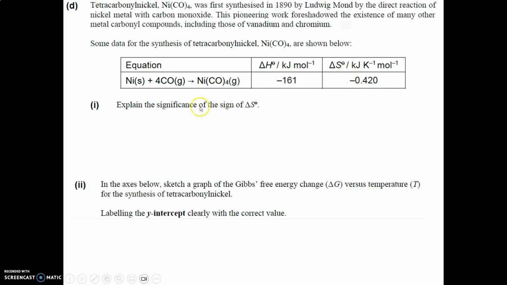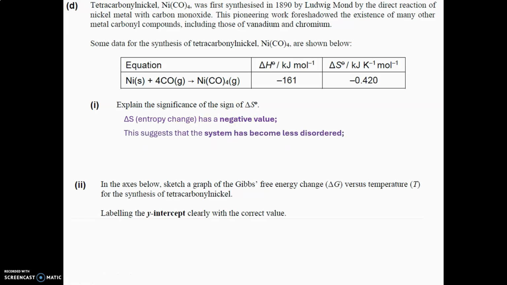So for this question, the demand on you is to explain with reference to this equation, why does this delta S naught have a negative sign. So you notice that my reactants have 4 moles of gas, but my products have only 1 mole of gas. So there is a reduction in the amount of gas from reactants to products. So you need to tell me that the entropy change has a negative value.